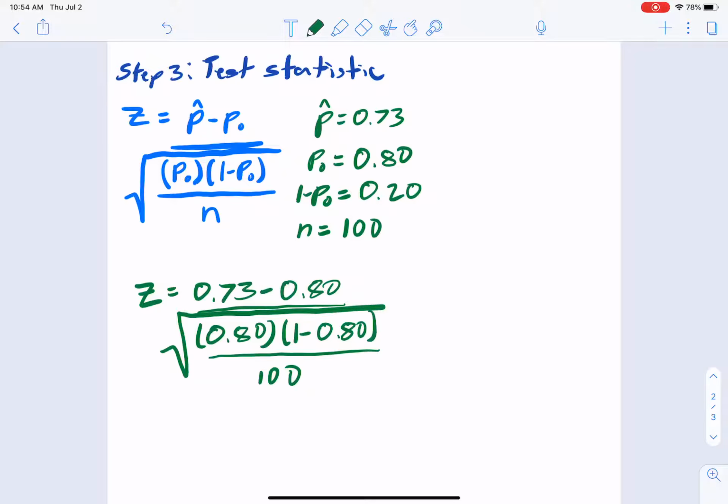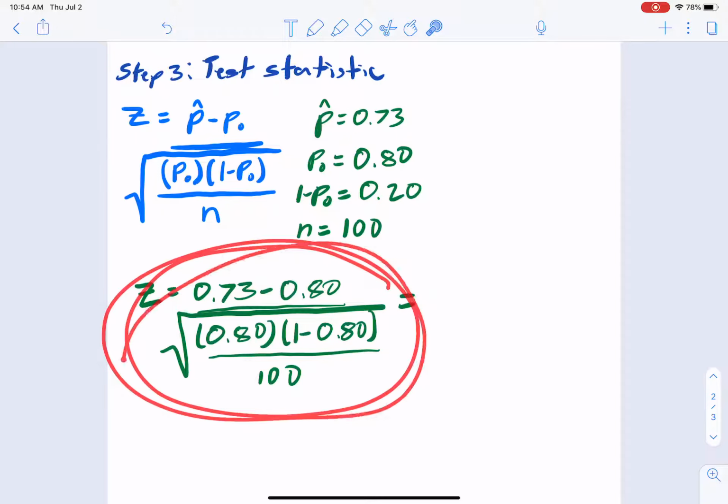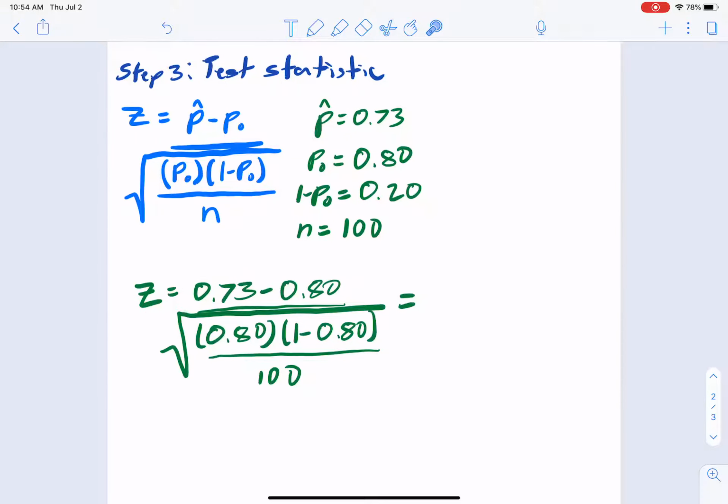It turns out that this equals, you can plug it in your calculator. Actually, just a quick note: be very careful with your parentheses and order of operations. It can sometimes be hard to make sure you've got everything in the correct order, so a calculator is the best thing to use here.